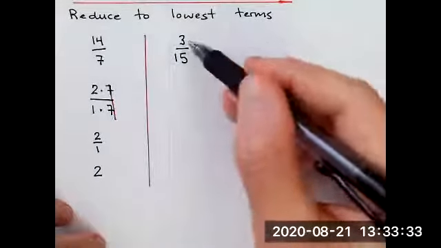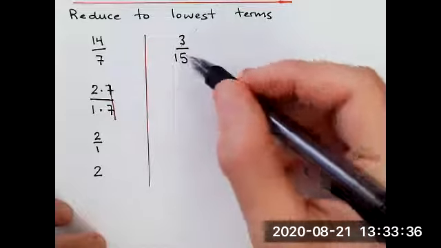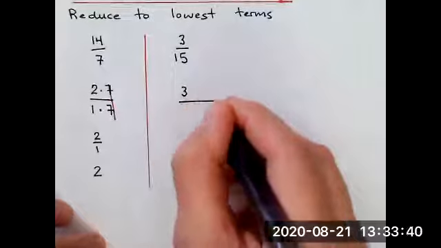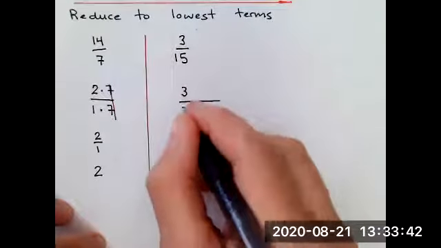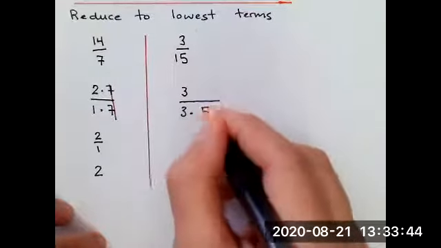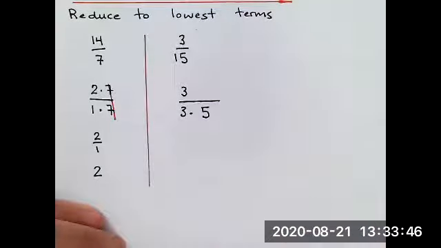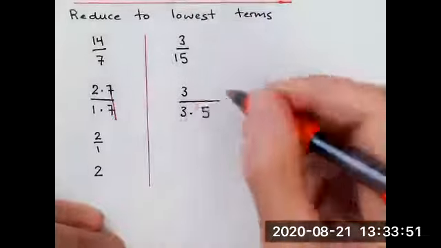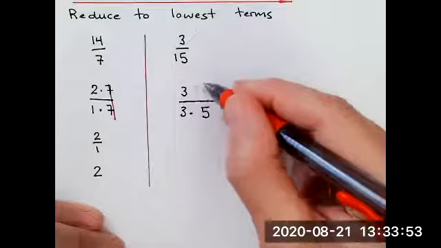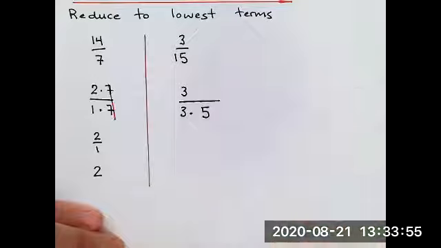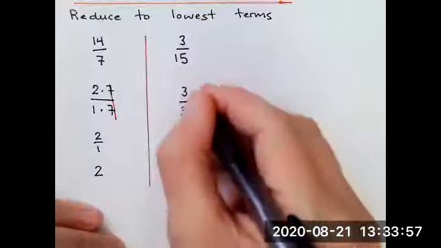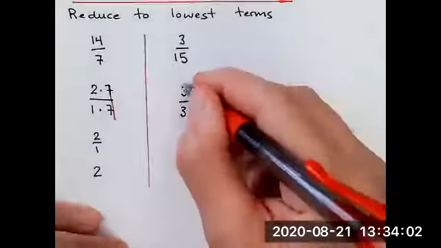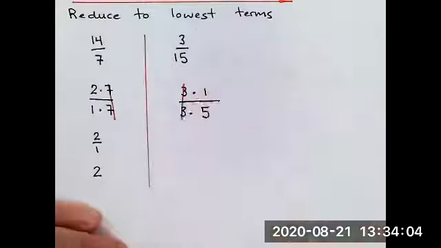Let's reduce this fraction. Now 3 is already a prime number, so you can just leave it alone. 15 is 3 times 5. So 3 over 3 is equal to 1. And you might be a little freaked out because there's nothing left in the numerator. So I like to just write that that's 3 times 1. 3 over 3 is equal to 1.